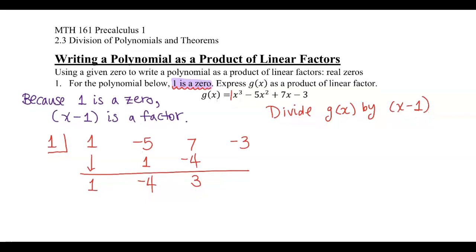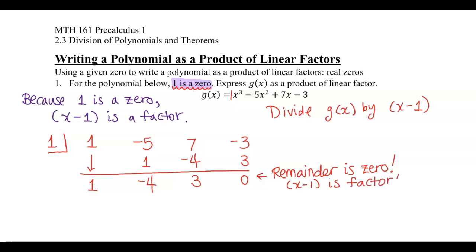If they're not lying, the remainder better come out to be 0. Let's see. 1 times 3 is 3. And look at that, remainder is 0. This just proves that x minus 1 is a factor.